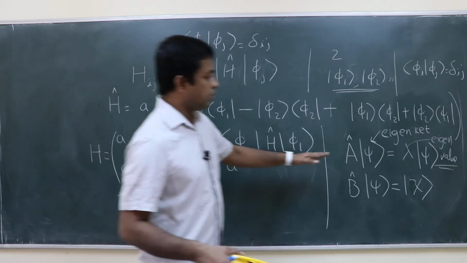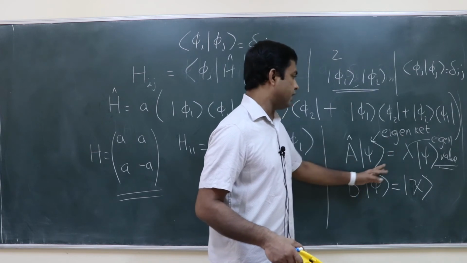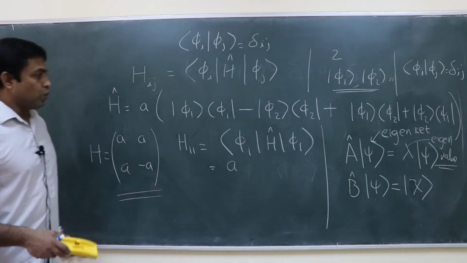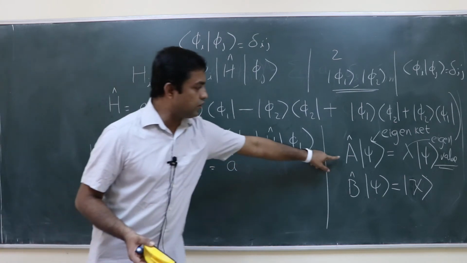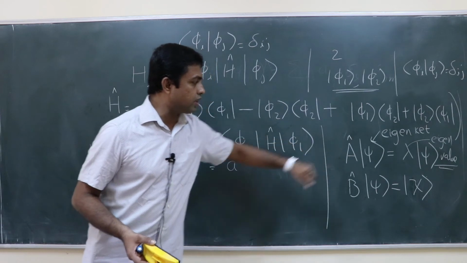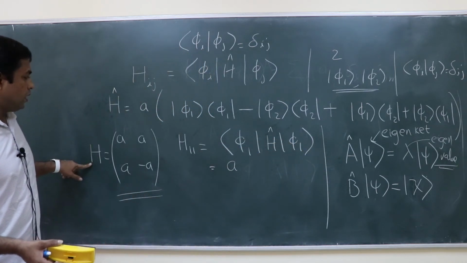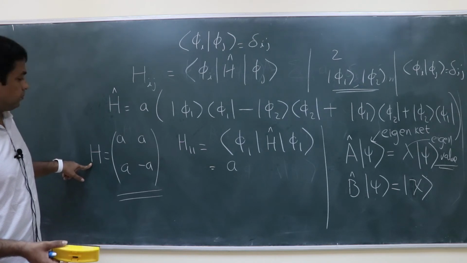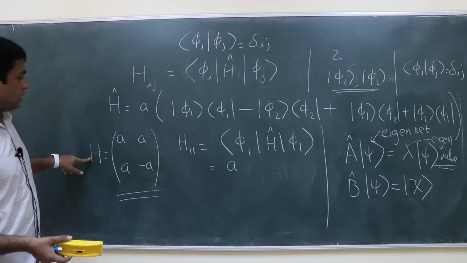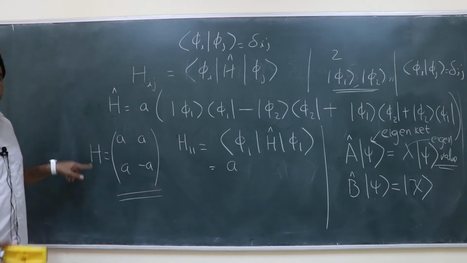Similarly, using this equation you can find out the eigenket or eigenvalues. So there are two possibilities. If I have an operator, either I solve this equation and find out eigenvalues and eigenvectors, or solve the corresponding matrix eigenvalues and eigenvectors. So first let us find out the eigenvalues and eigenvectors using this matrix.